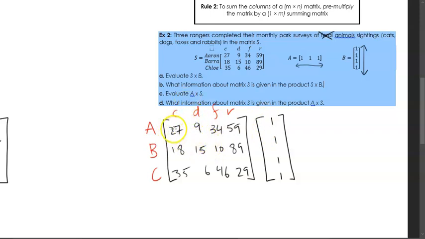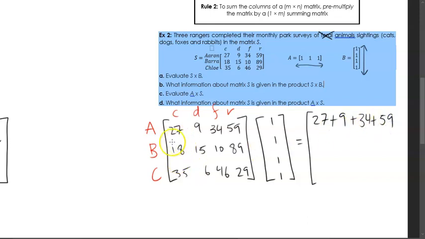So this will be 27 times 1 plus 9 times 1. All we're doing is effectively adding every single number within the first row. So this will end up being 27 plus 9 plus 34 plus 59.